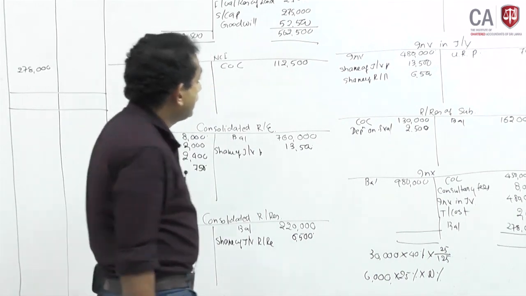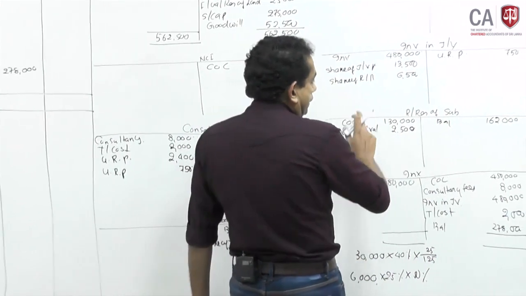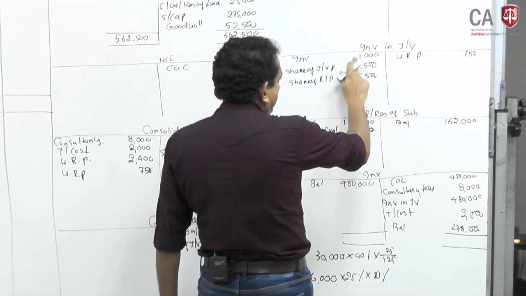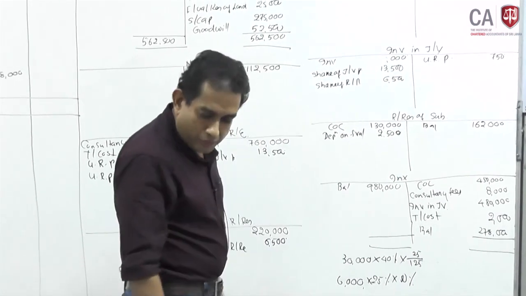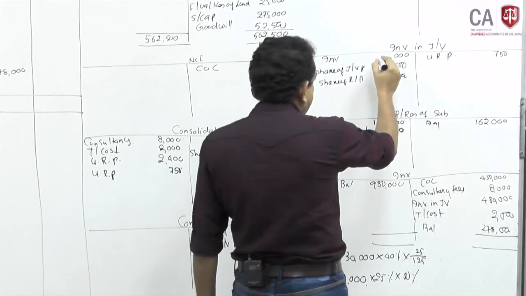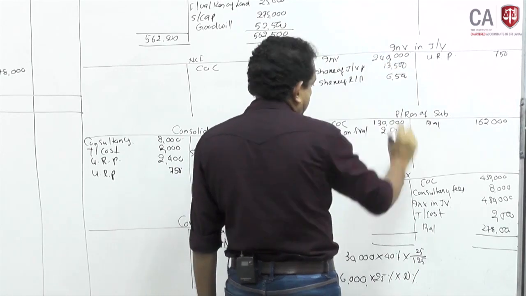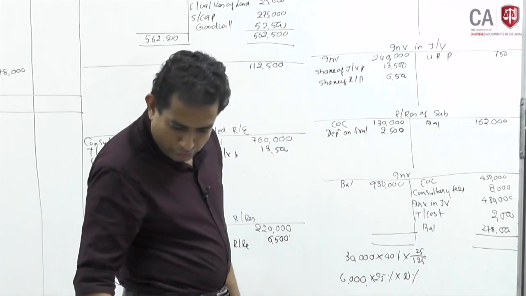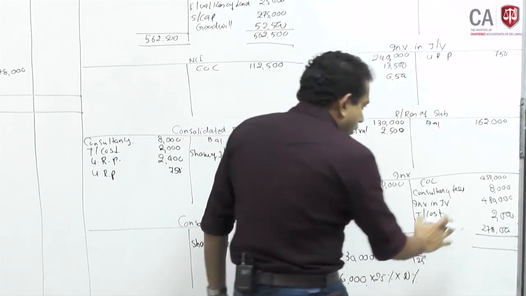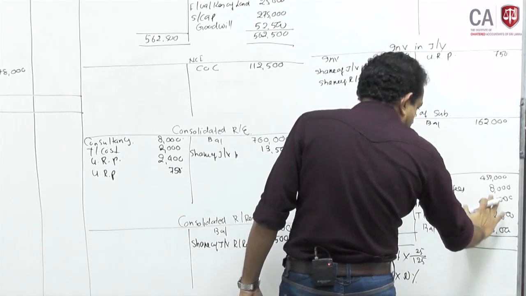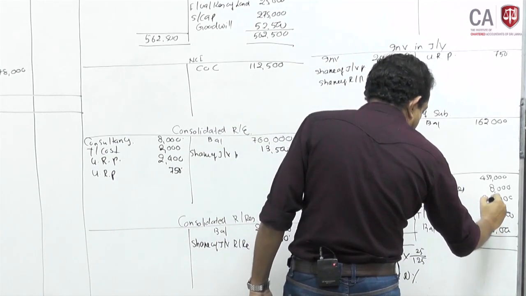I have made a mistake here. The joint venture investment should not be 480, it has to be 240,000. Please do the correction. It has to be 20,000 shares into 12 rupees, 240,000.